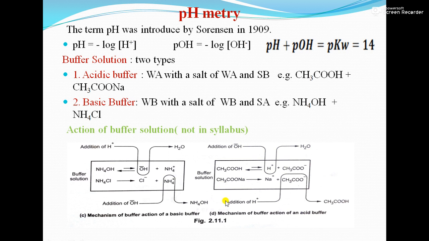Similarly, when we add H plus to the solution, that H plus will combine with the acetate minus ion and produce acetic acid, which is already present in the solution. That means it will not change the pH of the acidic buffer and basic buffer. A change will be there, but only to a small extent, up to 0.02, 0.03. So that is the action of a buffer solution.